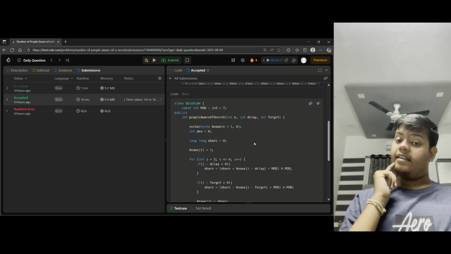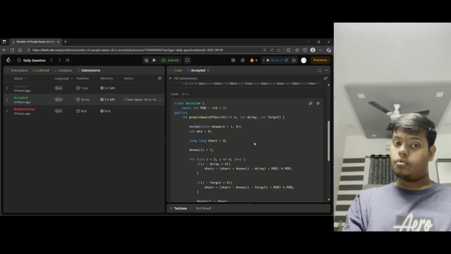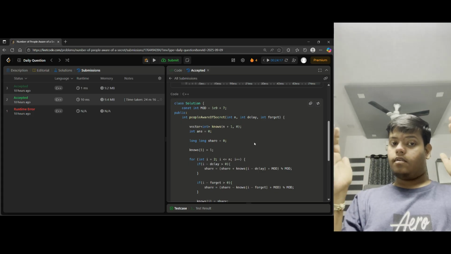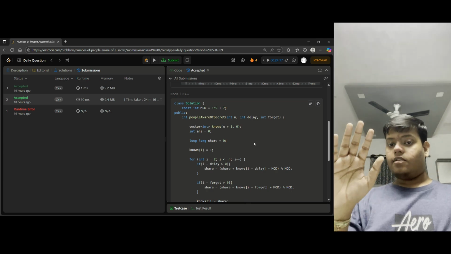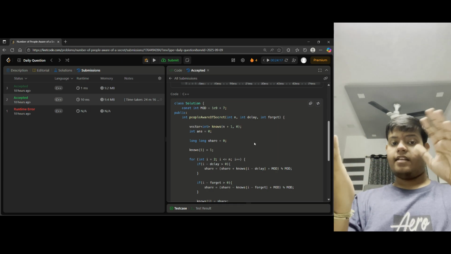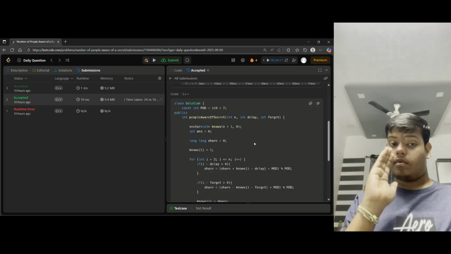As I told, after i plus delay we are going to add the value of knows of i. This is the same condition, but we are checking backward. If that exists, we take it and add it to our sum variable.